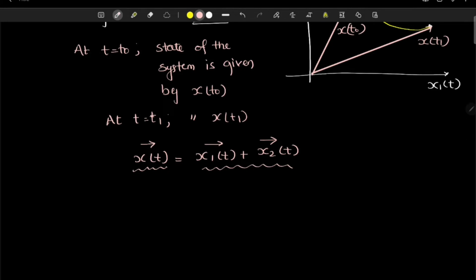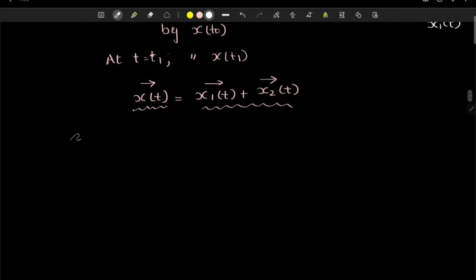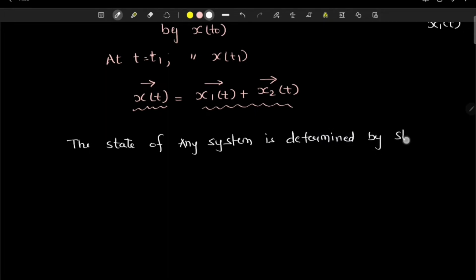So the state of any system at any instant is determined by the state vector x of t. I'll mention here: the state of any system is determined by the state vector.